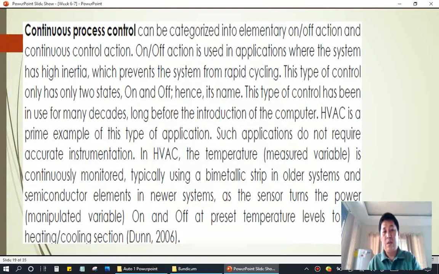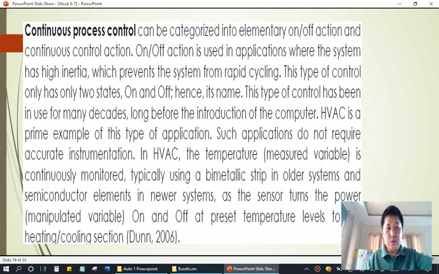So in your activity, continuous process control can be categorized into elementary on-off action and continuous control action. On-off action is used in applications where the system has high inertia, which prevents the system from rapid cycling.